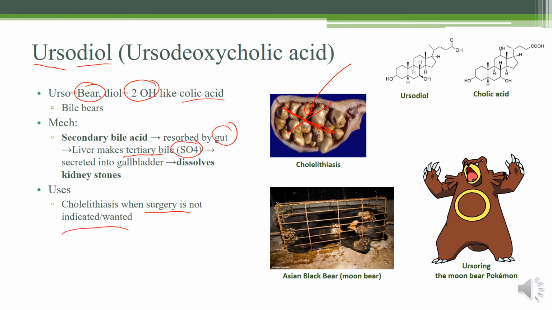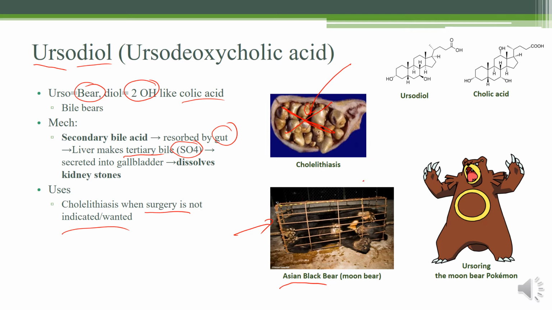For a quick history lesson, this actually has a very inhumane background. In the past, when we couldn't make these in the lab, what we actually did was capture a lot of these Asian moon bears, and they were kept in small cages, as you can see over here, and every day or every 2 days, these bears would be put under anesthesia.